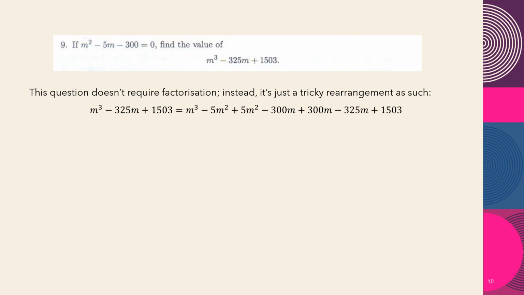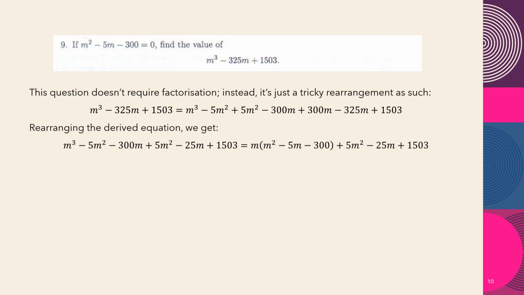So m cubed minus 325m plus 1503 equals m cubed minus 5m squared plus 5m squared. Notice these two sum to 0, so this does not change the overall value. Then minus 300m plus 300m, which also sums to 0, so the value is unchanged. Then minus 325m plus 1503.